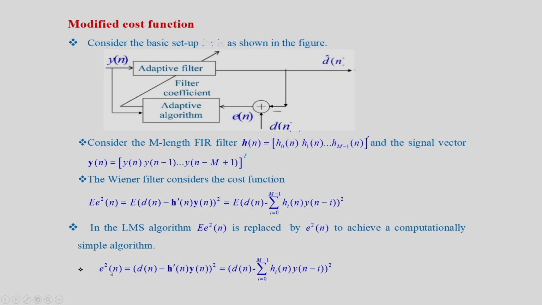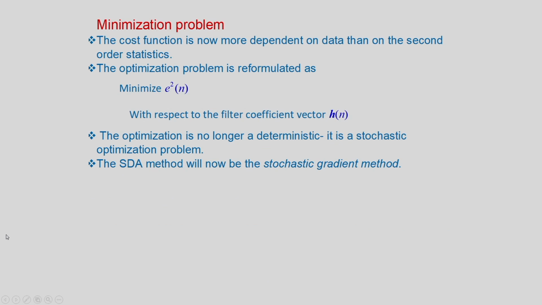Therefore, the cost function is given by e²[n] = (d[n] minus h transpose[n] times y[n]) whole square, which equals (d[n] minus the summation of h_i[n] times y[n-i], i going from 0 to M-1) whole square. So, this is the cost function for the LMS algorithm.